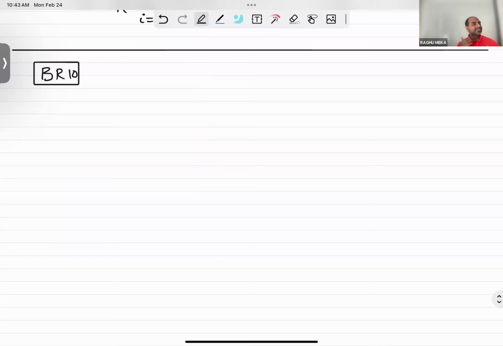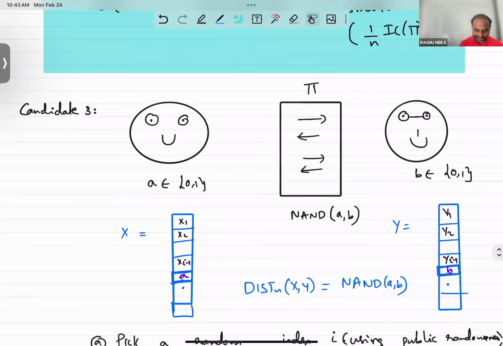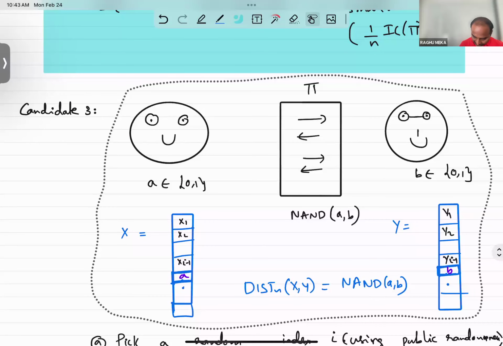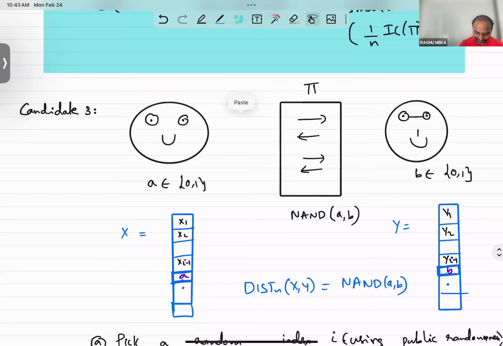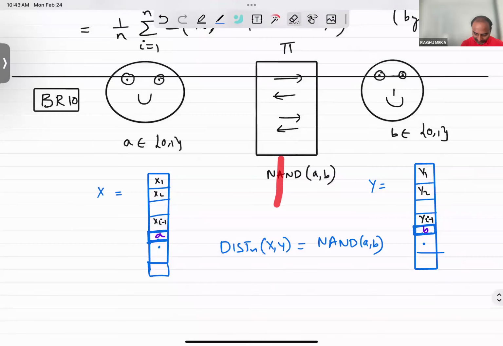So their simulation, or their way to use pi n star, is as follows. And you'll see it's fairly generic, actually. You can use it for more general direct product theorems. And in fact, I think that's the main point. It's one of the salient features.